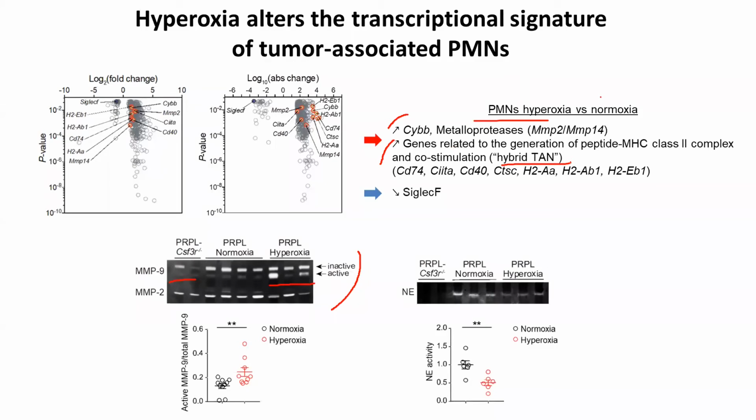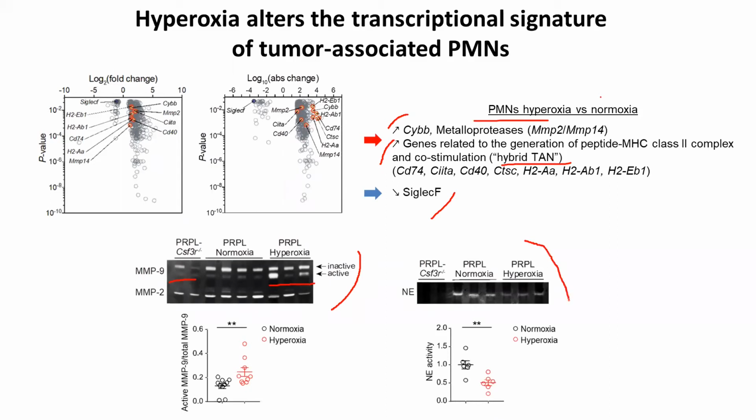Here we showed that relieving tumor hypoxia will likely increase the generation of this hybrid TAN. Among the most downregulated genes, we found Siglec-F, which is a marker of a tumor-promoting subset in lung cancer, was decreased.